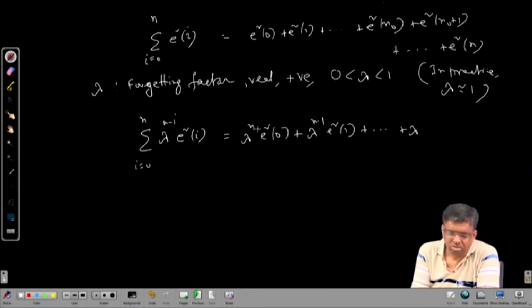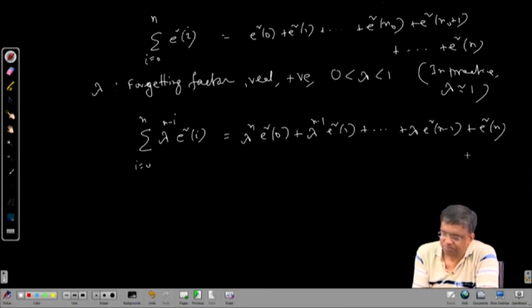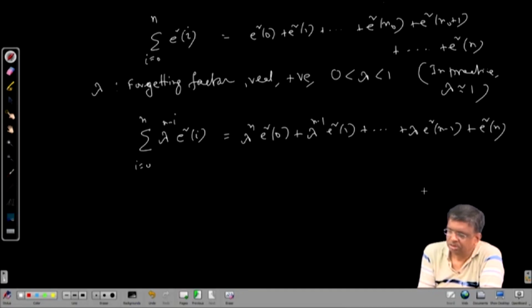The previous term is e square n minus 1, so it will be lambda times e square n minus 1, and then just e square n. When it is n minus 1, it is lambda to the power 1, lambda to the power n minus i. So, if i is n minus 1, n minus within bracket n minus 1 gives lambda. So, lambda e square n minus 1, and lastly when i equals n, lambda to the power 0 is 1. So, e square n, this is the summation.